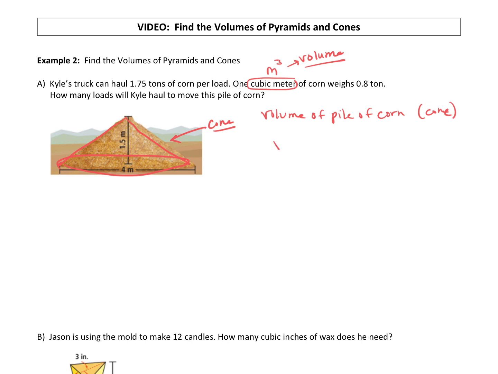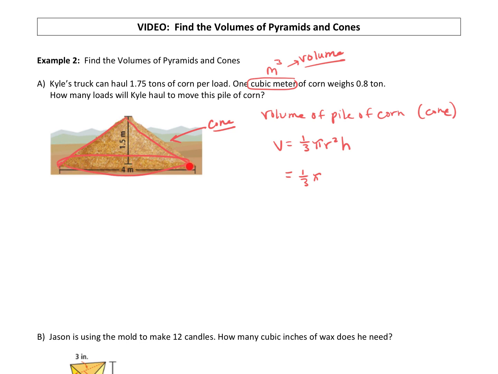So our volume formula is 1/3 times the area of the base. Because the base is a circle, it's pi r squared times the height. So 1/3 times pi, we need our radius. Over here you can see that from one end of the pile to the other end is 4 meters.